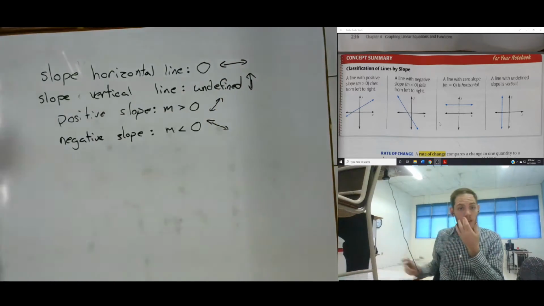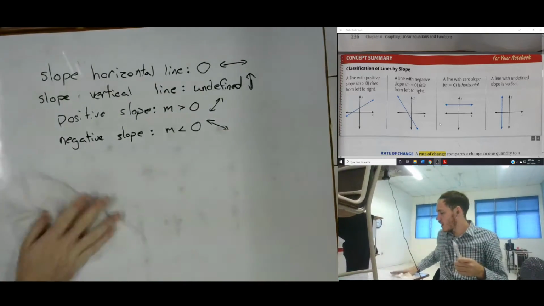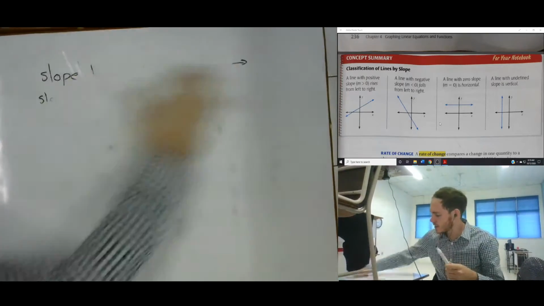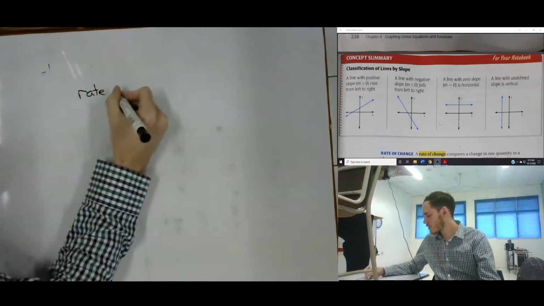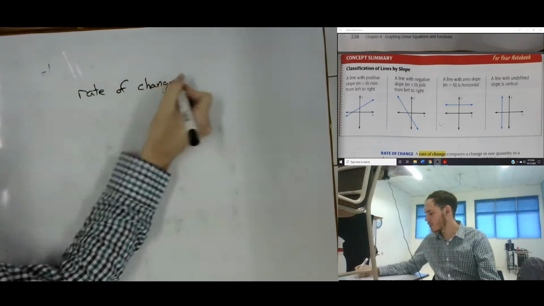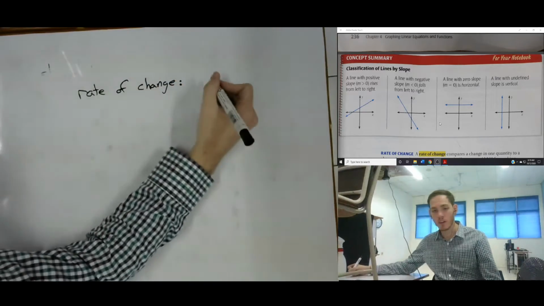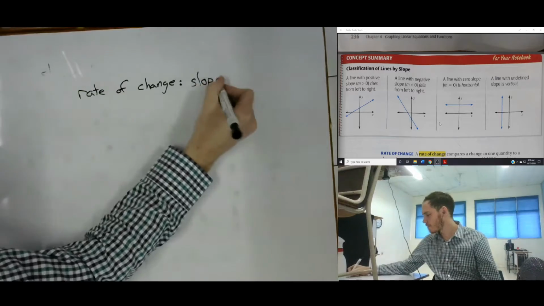Now, rate of change, in this instance of chapter 4.4, basically means slope. Rate means we're going to compare two numbers, and it is slope.